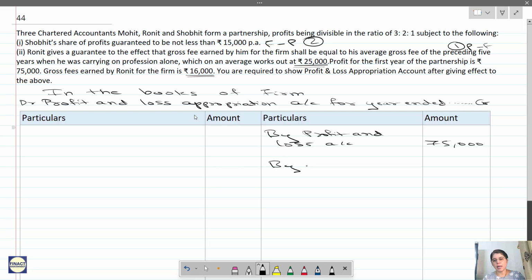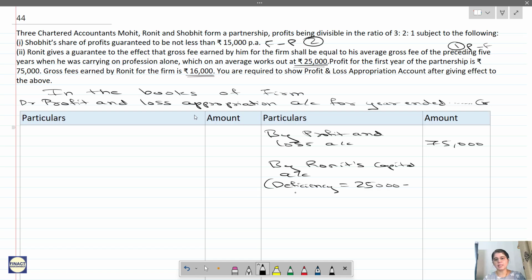So by Ronit's capital account, and how much is the deficiency? 25,000 minus 16,000, correct?